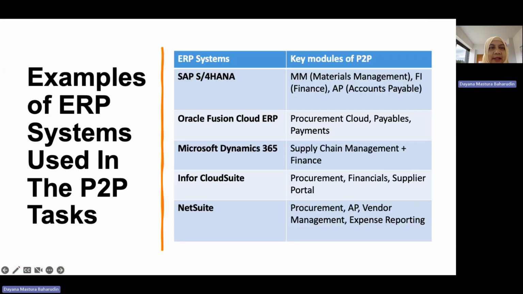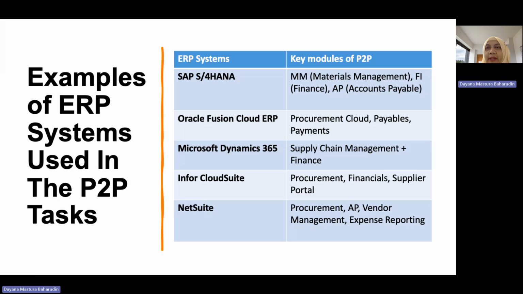Okay, now let's have a look at this next slide. So here are the examples of ERP systems used in P2P tasks. The most common one is SAP, and previously, 20 years ago, we thought that global SAP, GSAP, was the most amazing up-to-date system, but now we have SAP S/4HANA. So if you have S/4HANA, that means you're working with the latest SAP version.